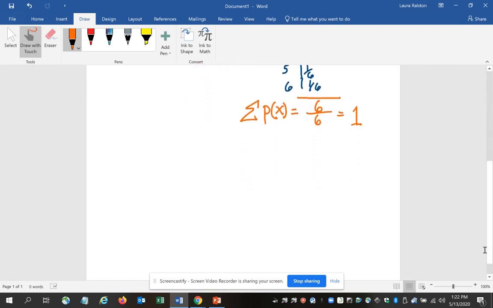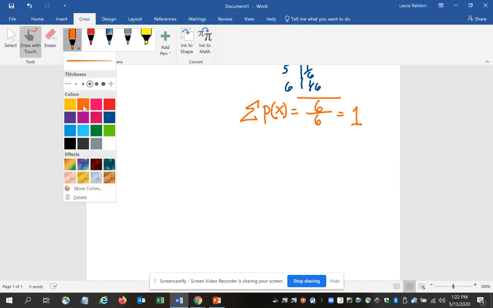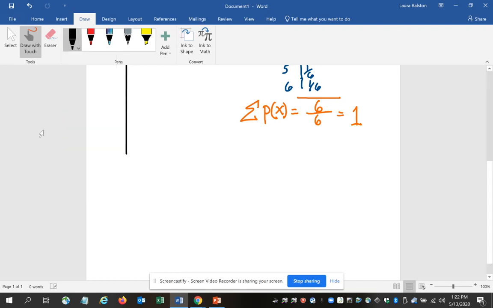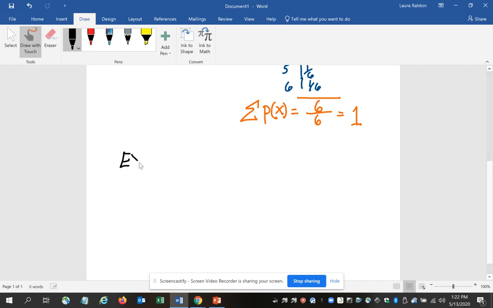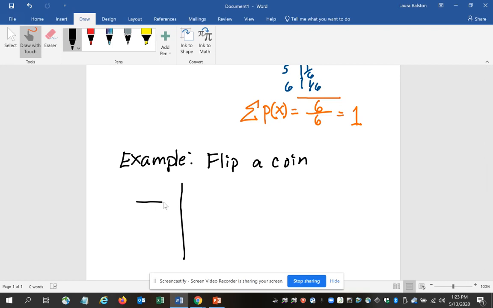Again, if you want another example, think about the example of flipping a coin. Hopefully you know that when you flip a coin, the outcomes are that you're either going to get a head or you're going to get a tail.